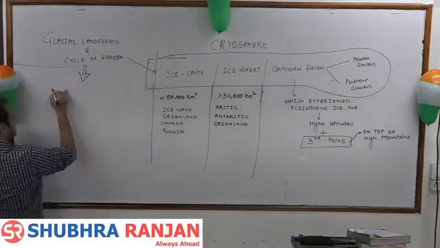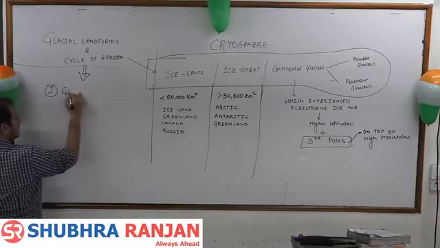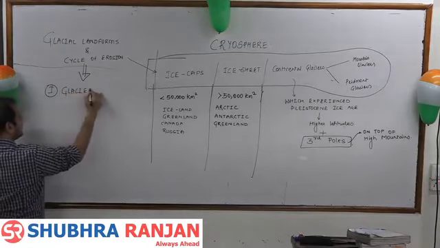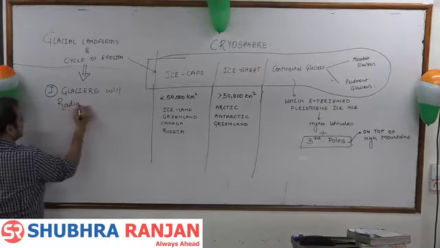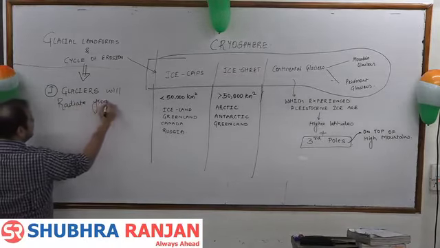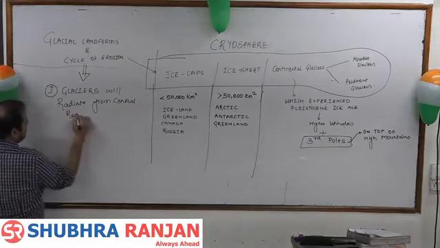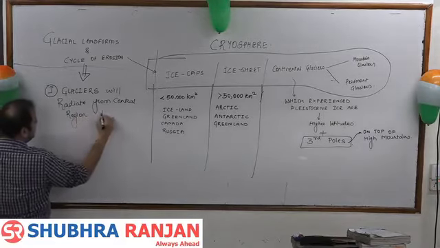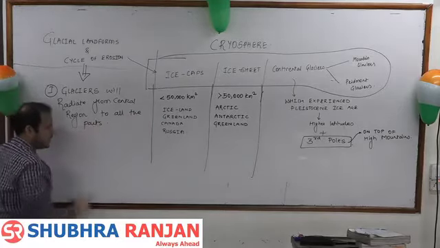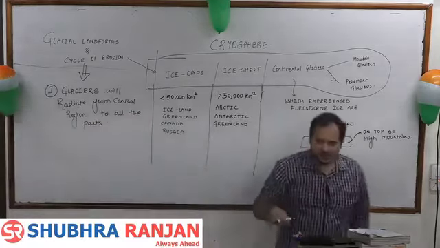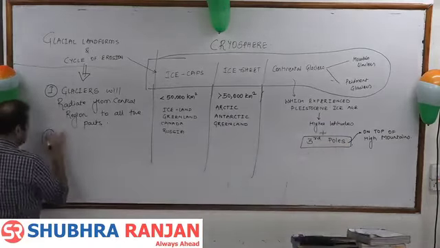The glaciers sometimes the ... They will be radiating from the central region to all the parts of the world, and thus there will be increase in the extent of the glaciers, and sometimes the glaciers may retreat.